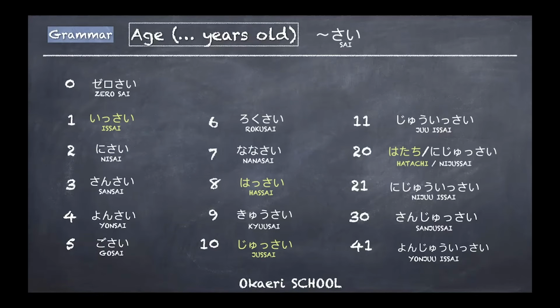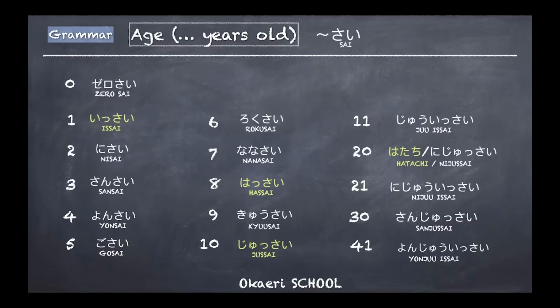And 100 or 200, just the same system. So for 11, the 1-year-old system will apply. You just put 10 before it, 11歳, and that's it. 20, 21歳, 30歳, 41歳, and stuff like that.